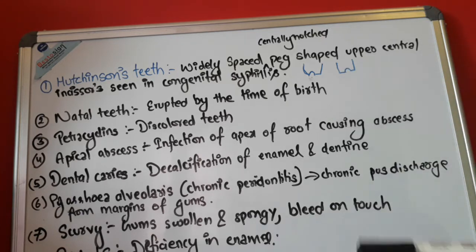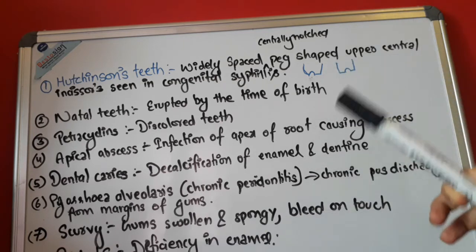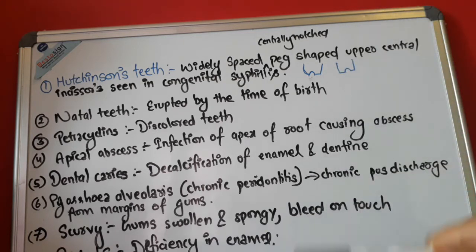What happens actually is that when the teeth are exposed to tetracyclines at the time of tooth mineralization or calcification, the tetracycline will bind to calcium ions in the teeth. If this happens prior to the eruption of teeth through the gingivae, it will cause an initial fluorescent yellow discoloration.